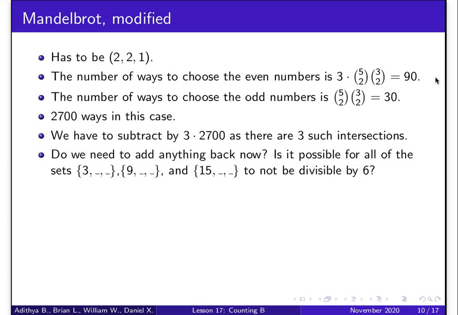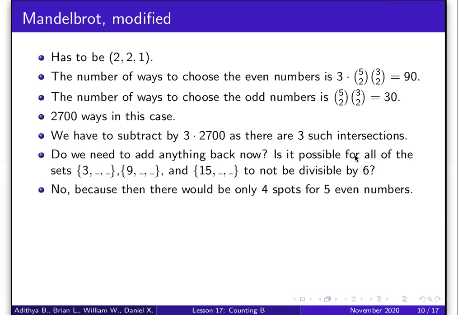So is this possible in this problem? Right, it's not possible because the other two sets only have 4 spots among those two sets, and we have 5 even numbers.